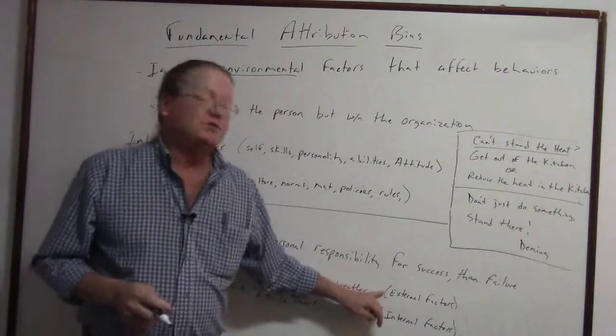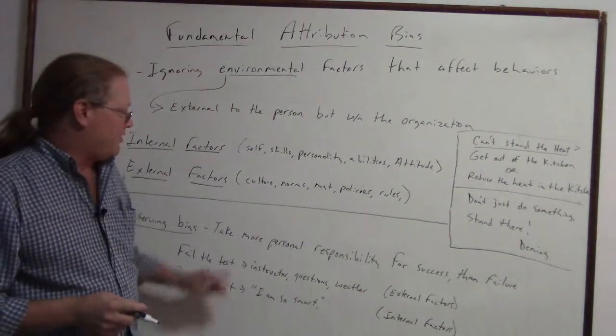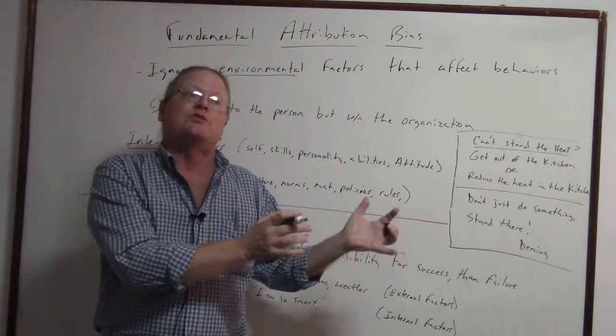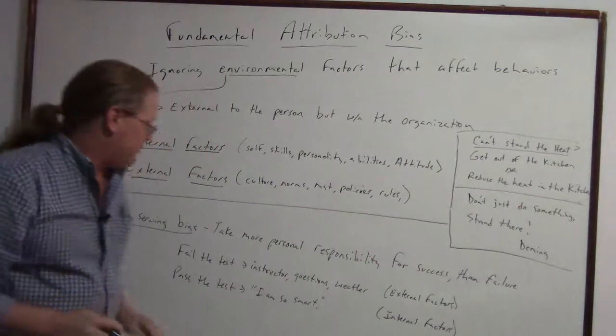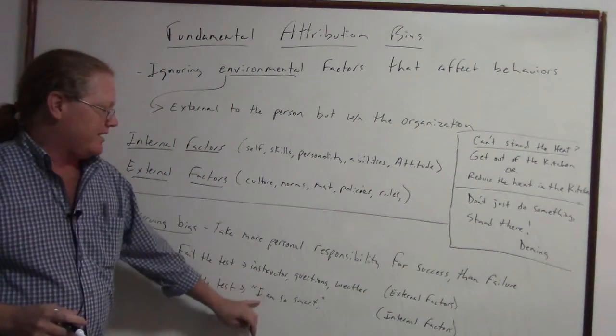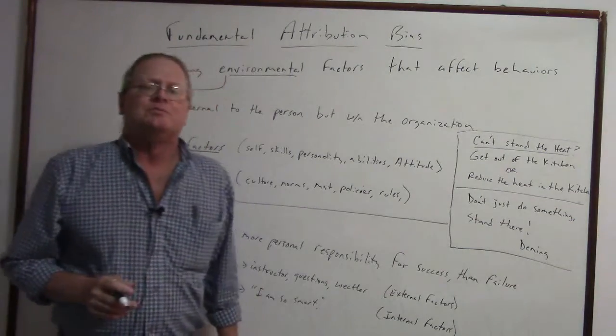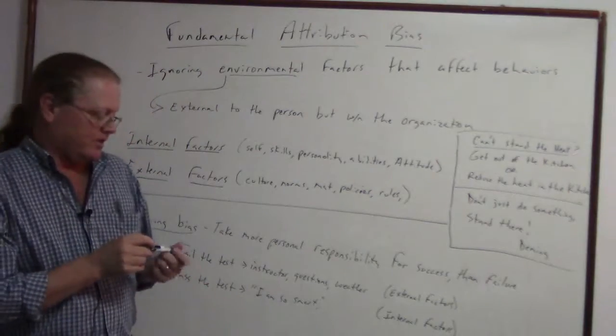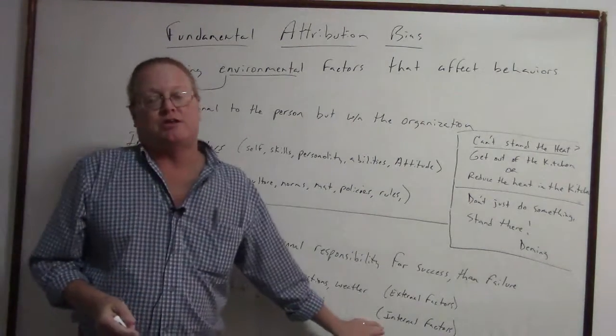But these are all external factors. In the case of failure, you look towards external factors to blame. But if you pass the test, you will say, I am so smart. And that's a tendency for us to do. And then we look towards ourselves and the internal factors.